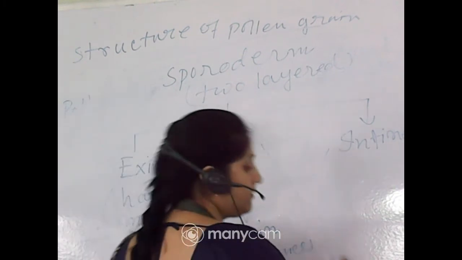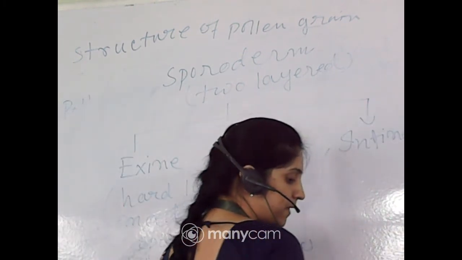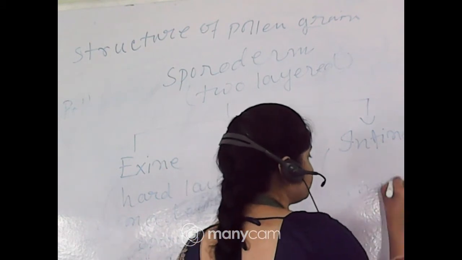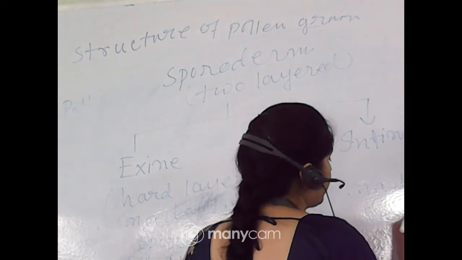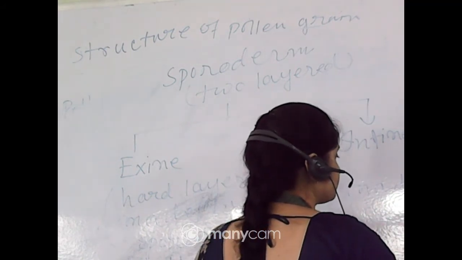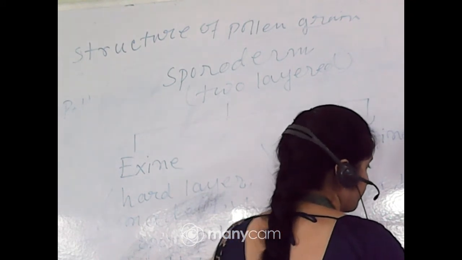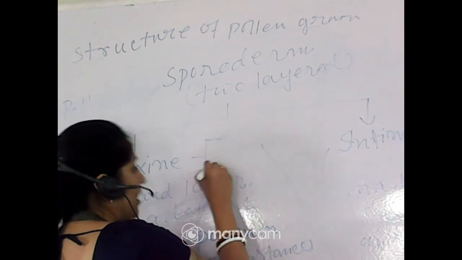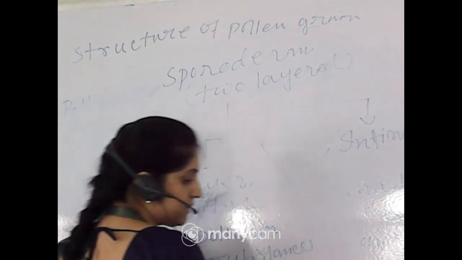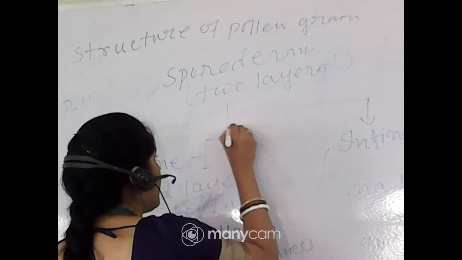And intine, the inner wall, is made by cellulose and pectin. Exine also has two layers, ectexine and endexine.